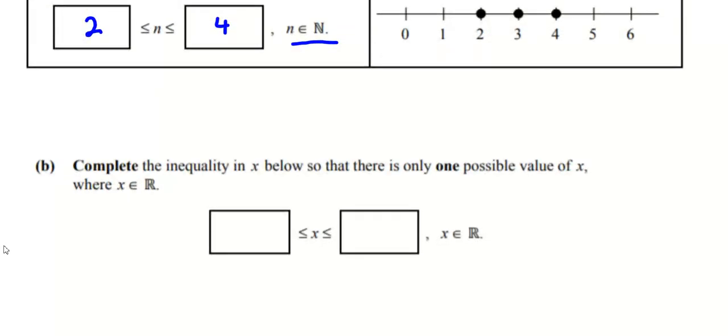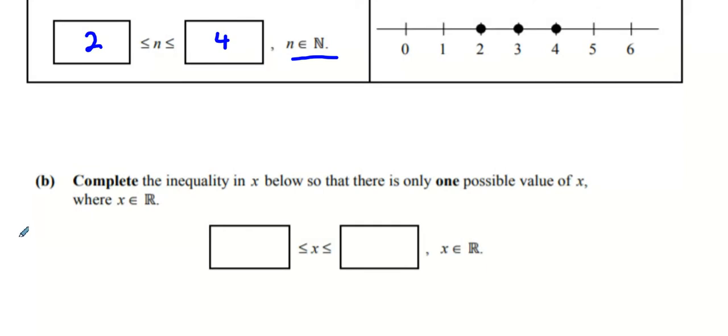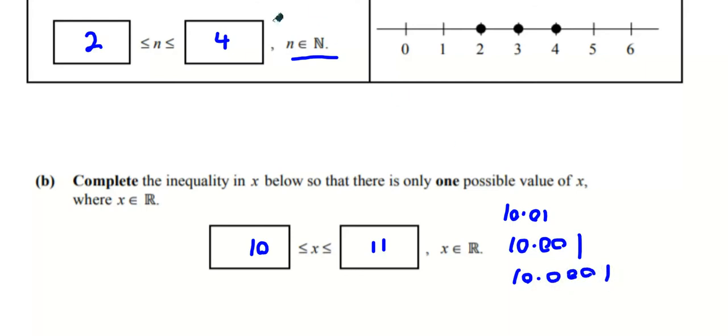Complete the inequality in x below to show that there's only one possible value of x, where x is an element of R. Well, if I say in between 10 and 11, you could have 10.01, 10.001, 10.0001. You're going to be there forever.